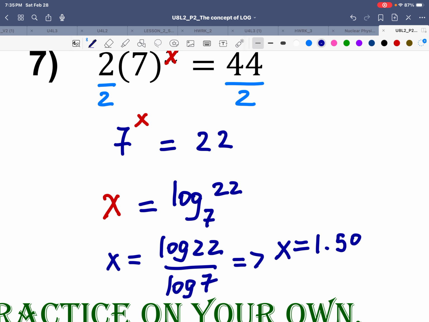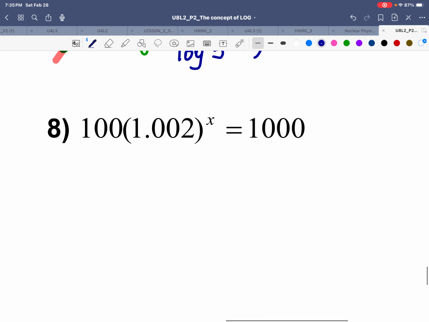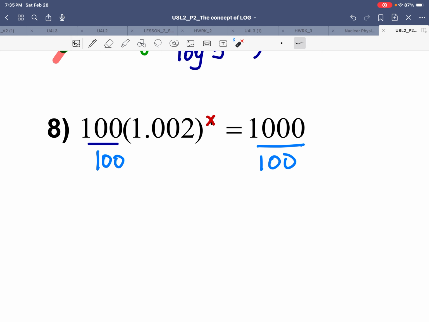Now let's move on to the next example, very similar to what we just did, but with a bit fancier numbers. So we'll divide by 100 both sides, and that is because x is actually the exponent of this base. So we want the exponent and the base to be all on their own before we convert to a logarithmic statement. And now we have 1.002 to the power of x is equal to 1000 over 100.